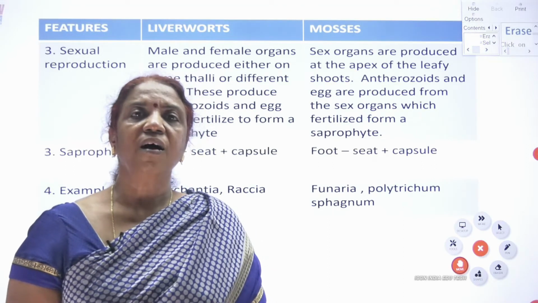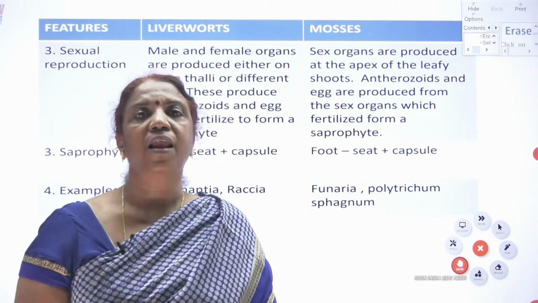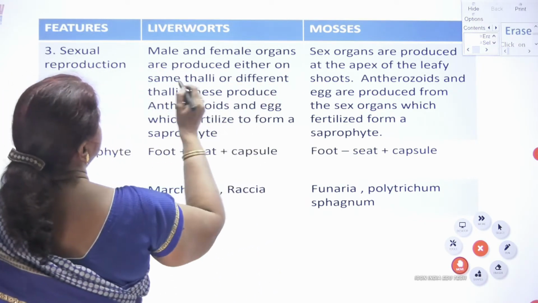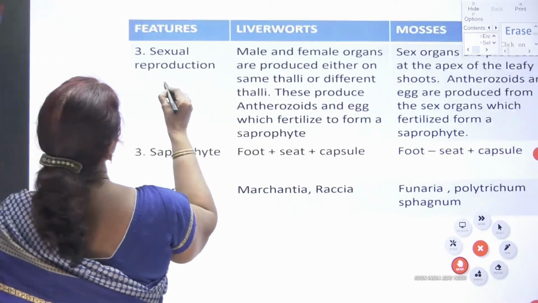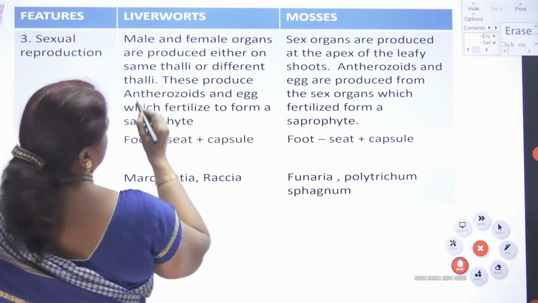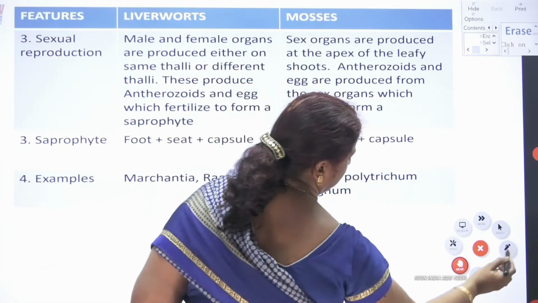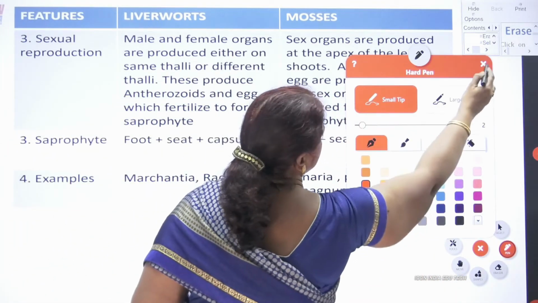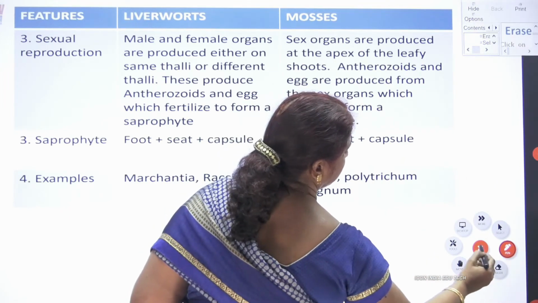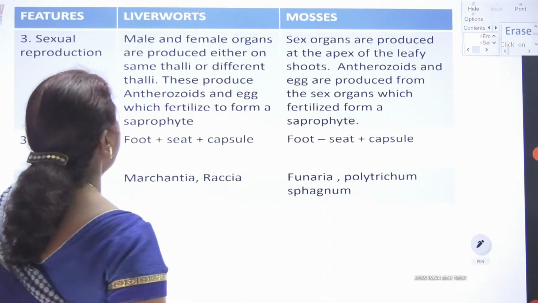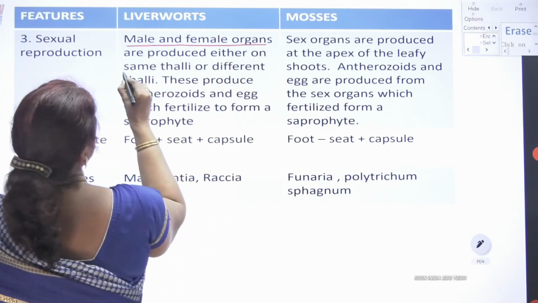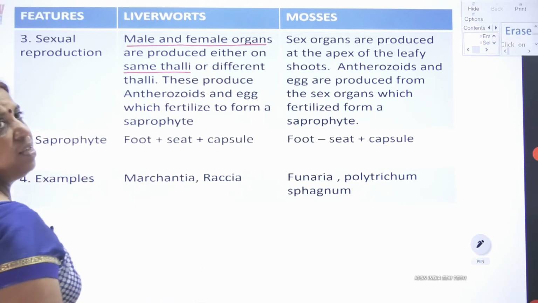The antheridia and archegonia are present on the same thallus, so the male and female organs are present on the same thallus.